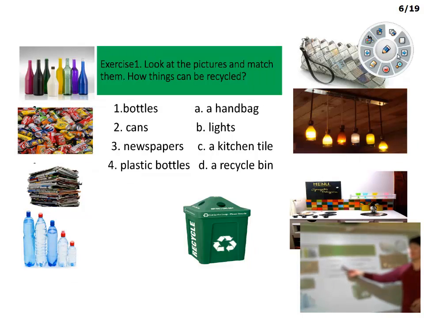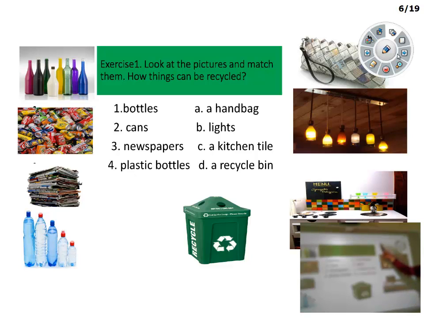And cans, newspapers, used newspapers, and plastic bottles, and a handbag, which is made of newspaper, and lights, which are made of bottles, and the kitchen tile, which is made of cans, and the recycle bin, which is made of plastic bottles.